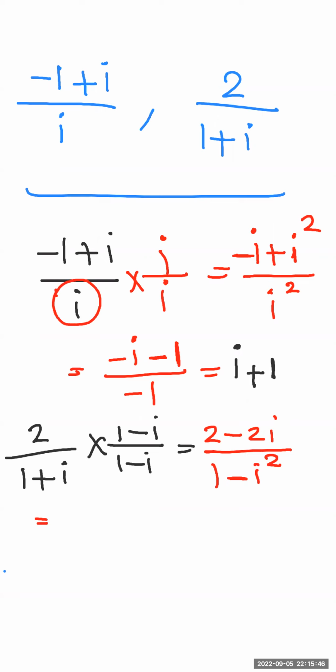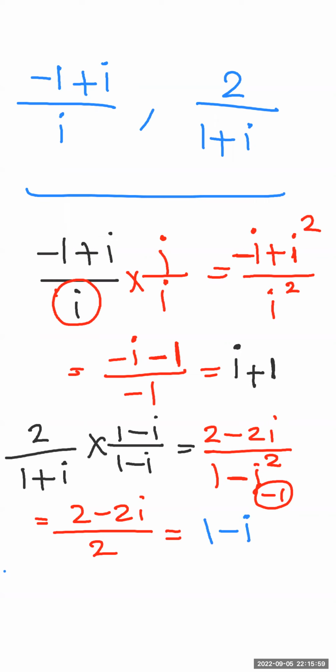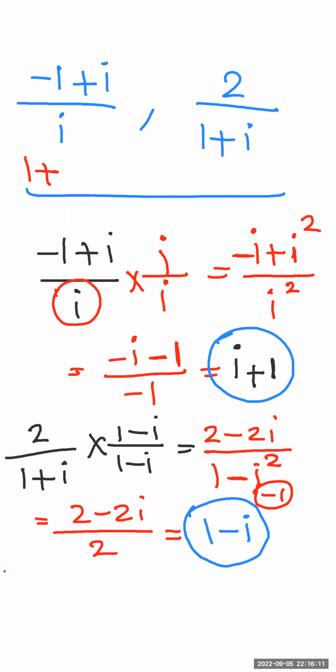So this means it will equal (2 minus 2i) over, this one is -1, of course, so 1 minus -1 means 2. 2 as a common factor from the numerator, so 1 minus i. So the first root is 1 plus i, second root 1 minus i. Okay, now I'm going to write the roots in the simplest form. 1 plus i, 1 minus i. Are we clear till this point?